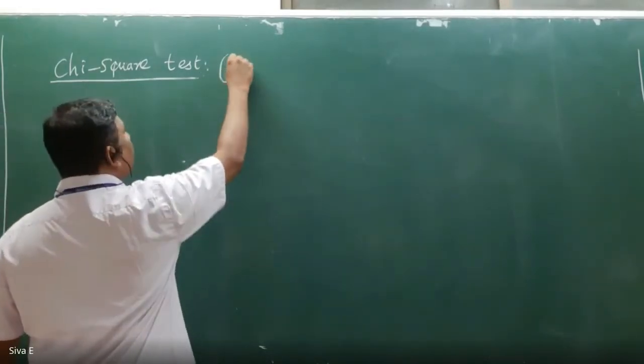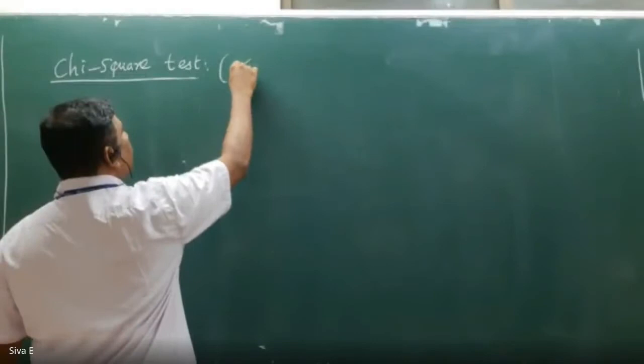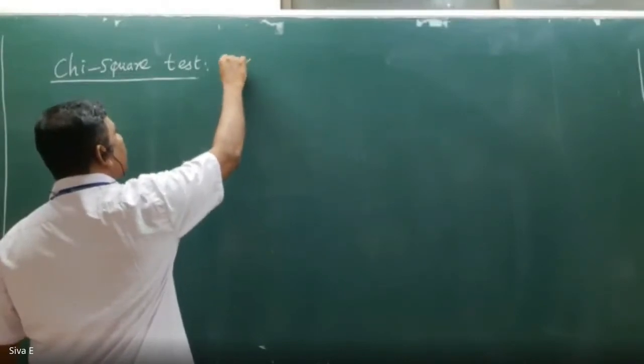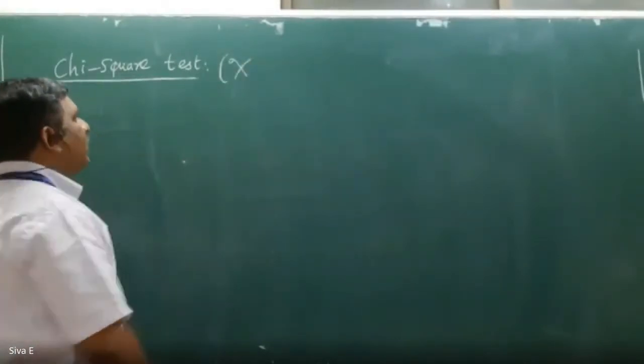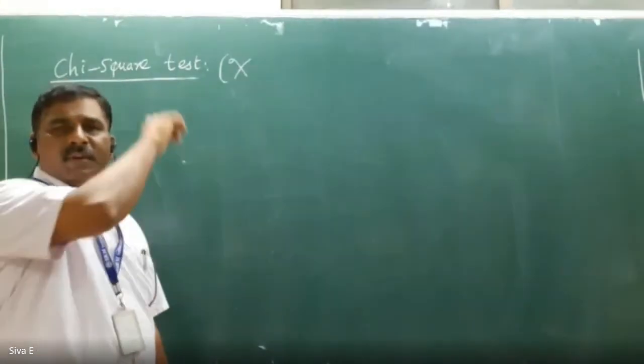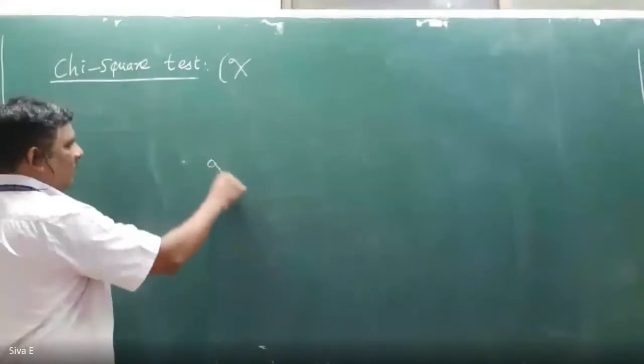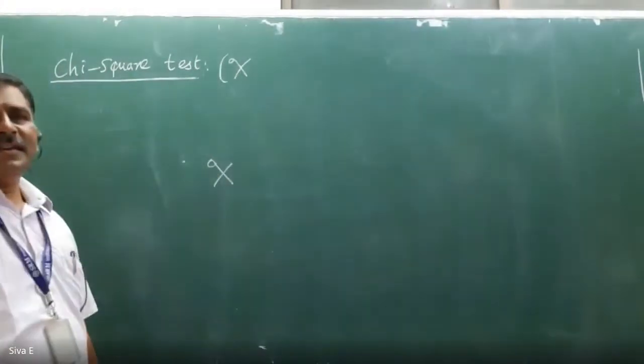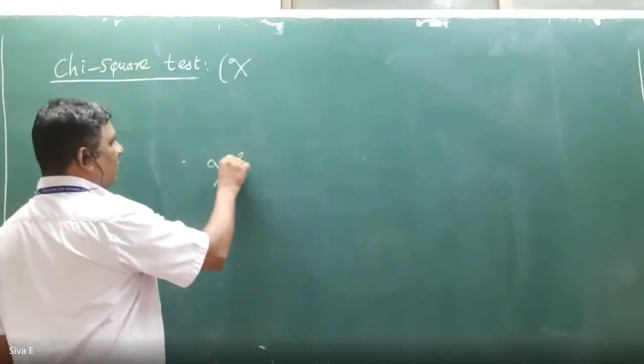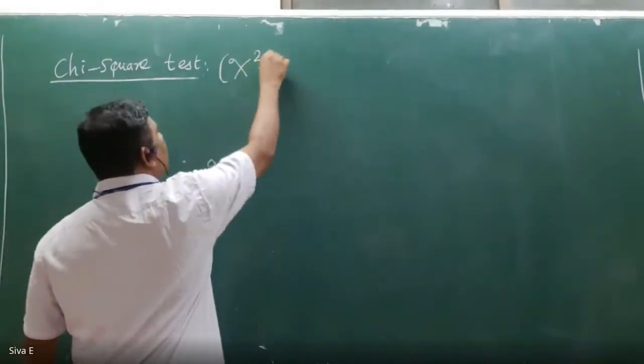See that, put one x, extend that x, and then put one circle here. That is chi-square. Very simple. That's all. It is chi-square test.